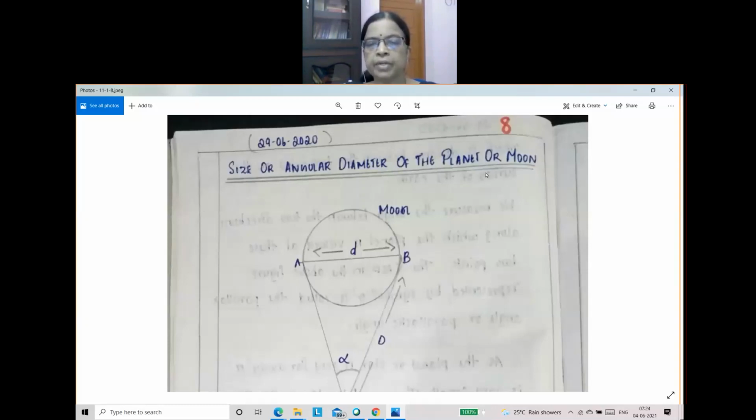You just add explain. This is an indirect method. Actually, it is not a direct method, it is an indirect method. This is the angular diameter of the planet or moon.